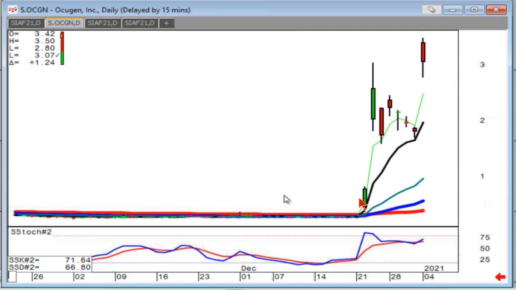So these type of signals or patterns are one trading method. If you see a breakout, they could go up and fizzle. But a lot of times, if you see a breakout situation, that means something's happening.